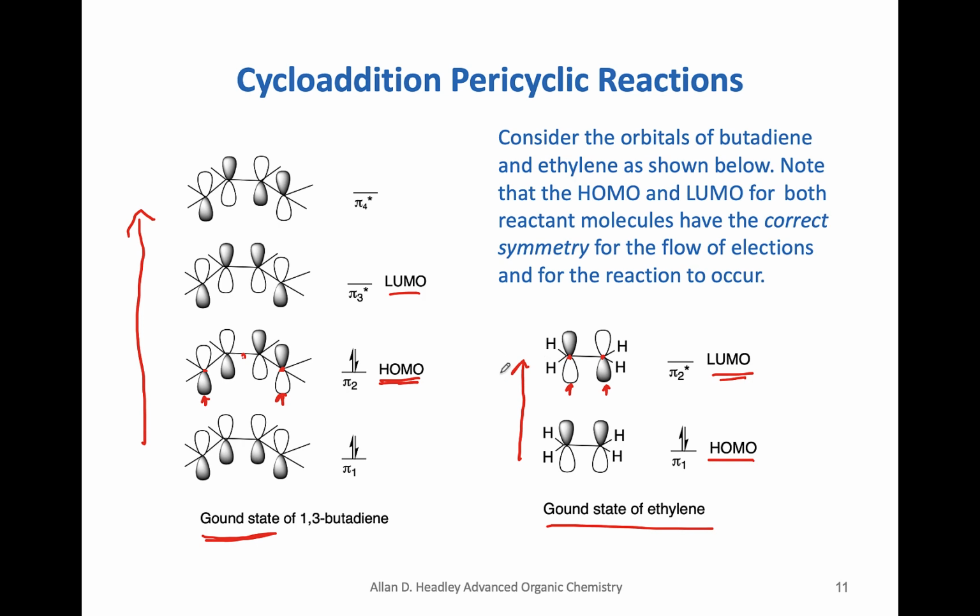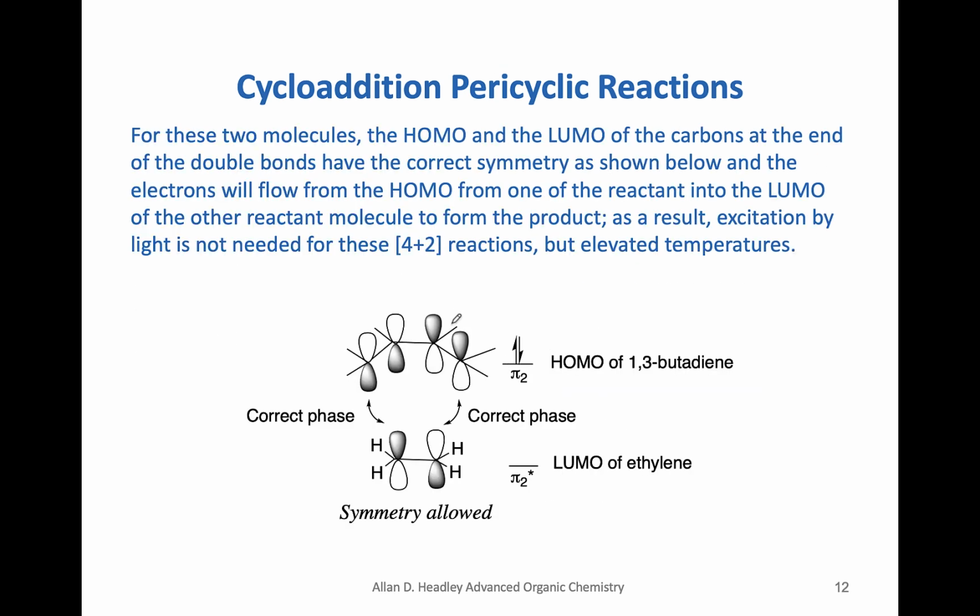The next slide has that illustration. So let's look at this. So here's the butadiene. You can see here shaded and unshaded for the ends, or the frontier ends. And here is the LUMO for the ethylene. You can see here shaded and unshaded. So these are symmetry allowed because the phasing is now correct.